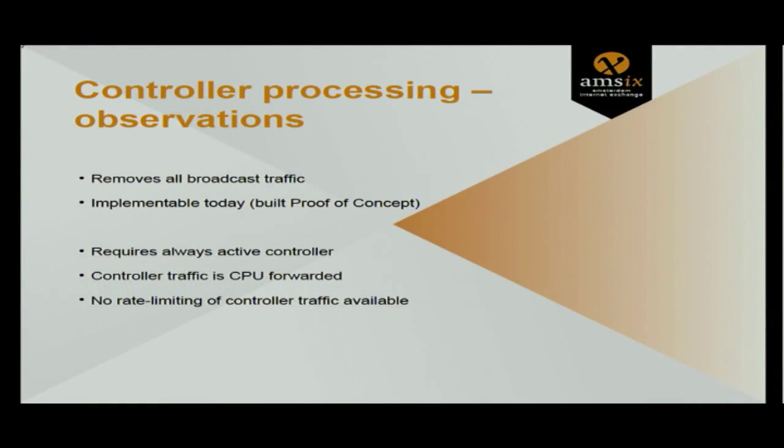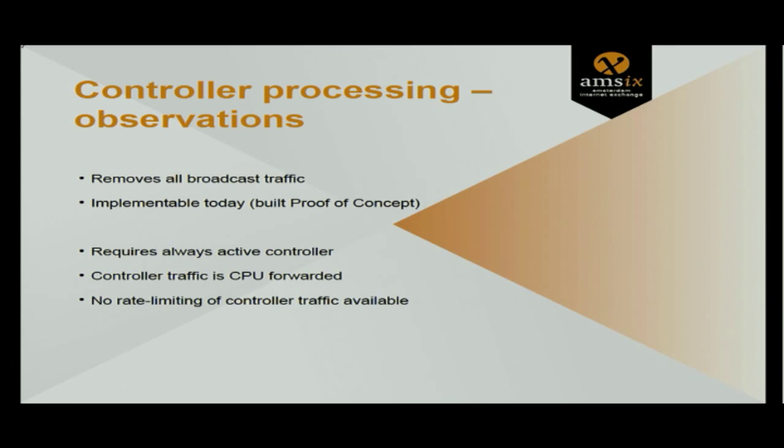So the issues that we found is that first of all, you need an always active controller. That you can solve with having multiple controllers and having them both answer, or having the active one answer and doing a fallback. But a bigger problem is that, at least on Brocade, controller traffic is CPU forwarded.